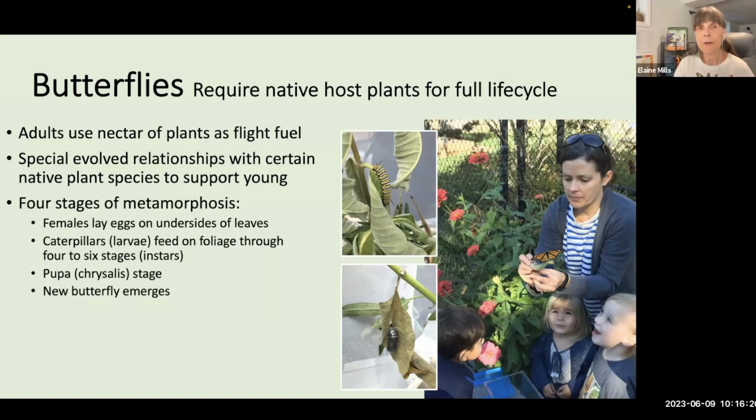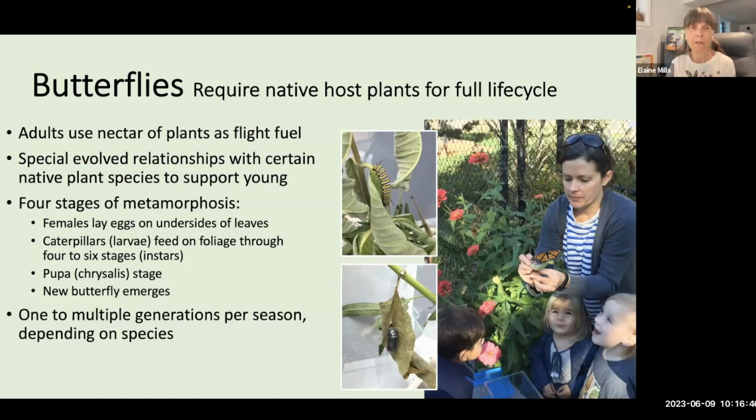Butterflies will go through various stages of metamorphosis, with the adult females laying eggs on the undersides of leaves, and then they will go through the caterpillar and pupa stages before emerging as full-fledged butterflies. Now, the example I'm showing here is for the monarch butterfly, which feeds on an herbaceous plant, the milkweeds, but the process is the same for the woody plants.